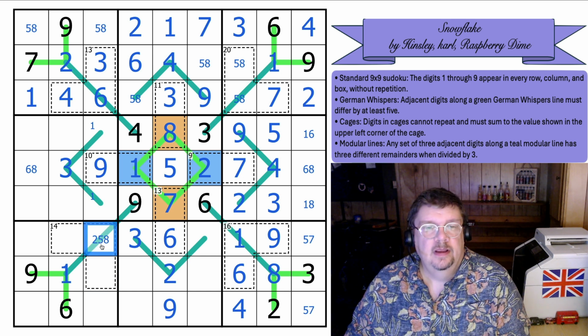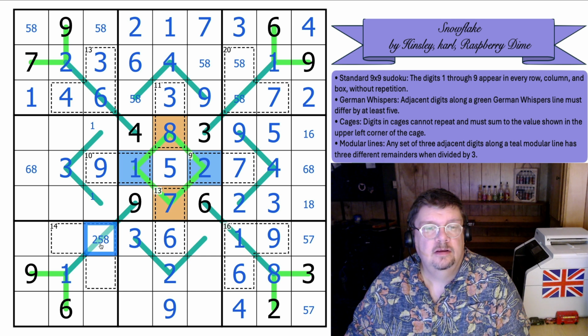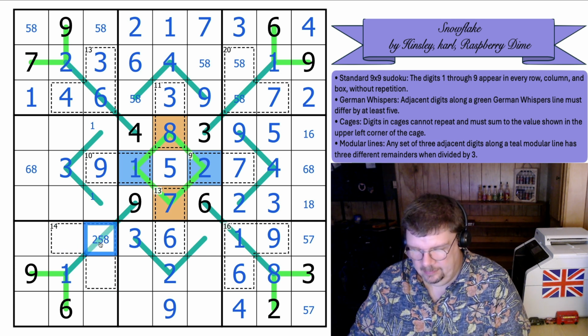Right, this 14 cage. I need, if this were 8, then these two have to add up to 6. Can't be 1, 5 because of the 1 in the box. And this cell sees both 2 and 4, so that's not an 8.